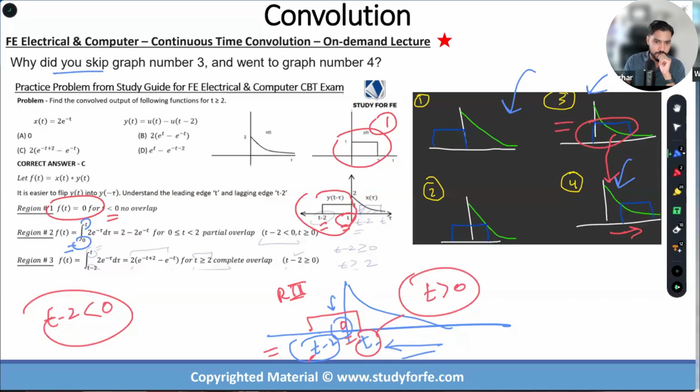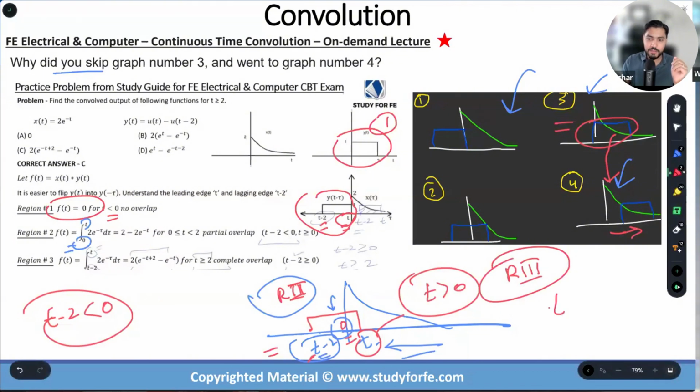Are you guys with me? R2 was defined by the fact that the lagging edge was below 0. R3 is defined by the fact that my lagging edge is greater than or equal to 0. Now, how much greater than 0?